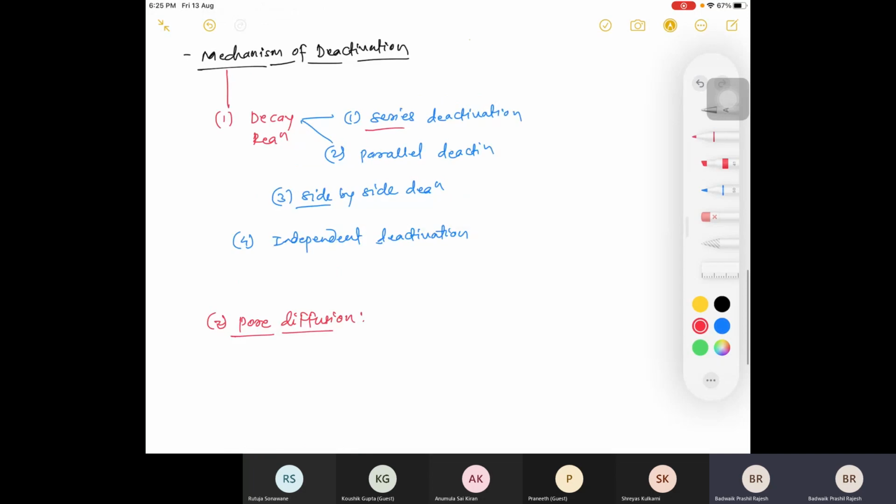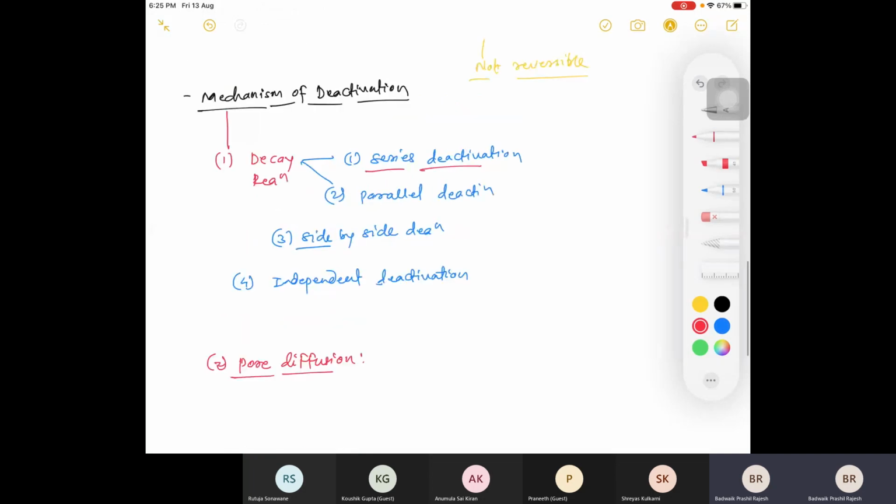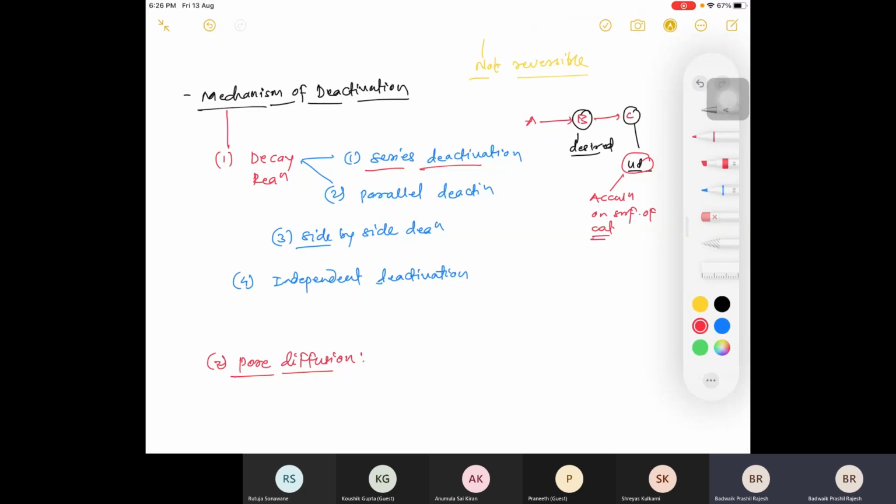Okay, so see, in case of series deactivation, what is happening? In series reaction, you have this reaction, A gives B gives C. Suppose B is your desired product and there is formation of C, so C is your undesired product, UD. This undesired product will accumulate on the surface of the catalyst, so you write accumulation on surface of catalyst, and that will cause the deactivation.